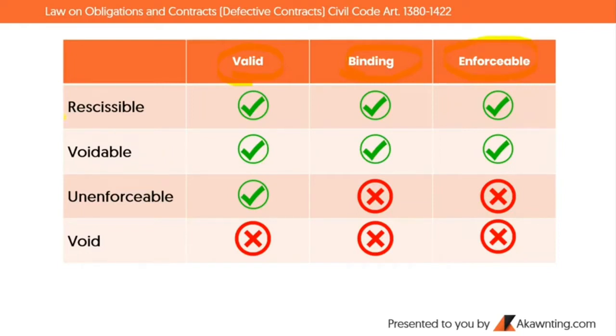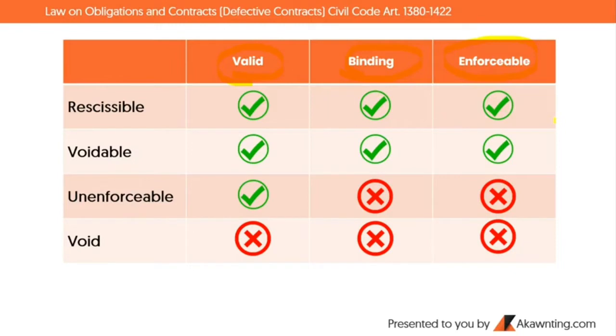Okay, so we have rescissible contracts are still valid, binding, and enforceable. Okay, so meaning kapag meron tayong examples ng mga rescissible contracts in the future, tatandaan nyo. Okay? Tatandaan nyo, valid, binding, and enforceable pa rin yung mga yan. Okay? Ibig sabihin, may effect yung mga yan kasi makikita nyo dyan yung word na binding and enforceable.